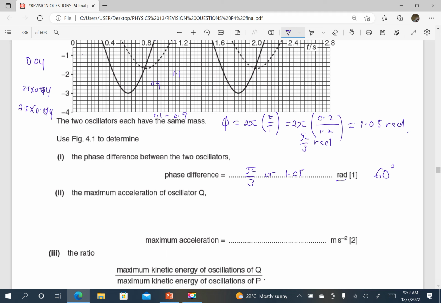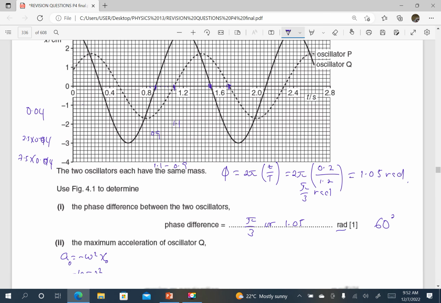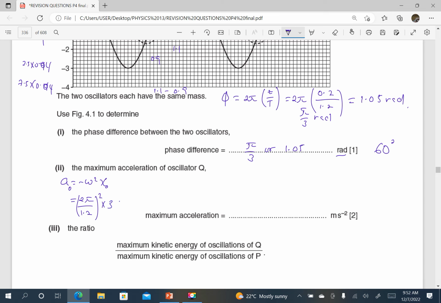Then the maximum acceleration of oscillator Q. Remember, acceleration is equal to negative omega squared x. Now, if it is maximum, x should also be maximum. Ignoring the negative in calculation, omega is 2 pi over T. So this will be 2 pi divided by the period, 1.2, but this should be squared, times the maximum displacement of oscillator P, which I think is 3 centimeters. So that will be 3 times 10 power negative 2.